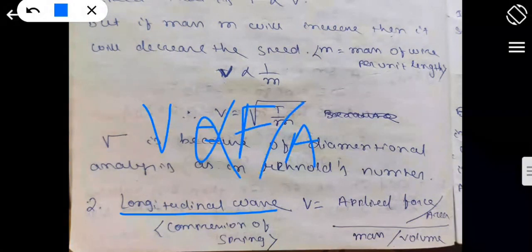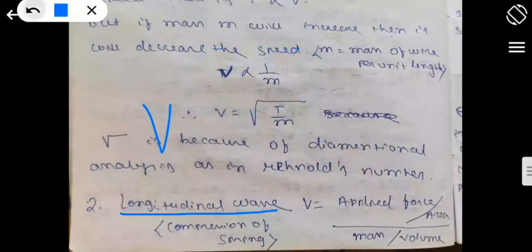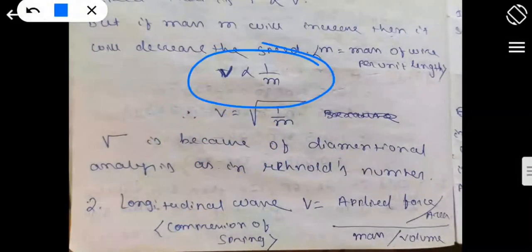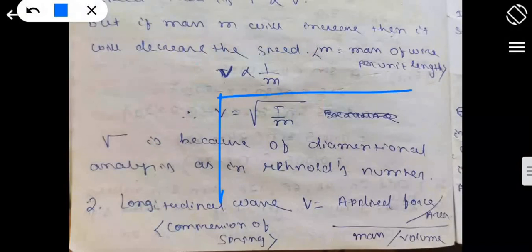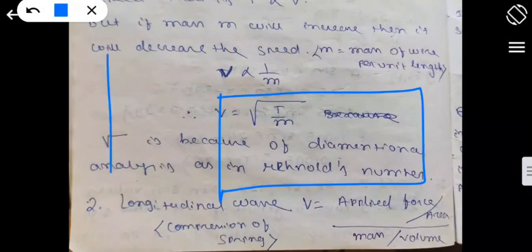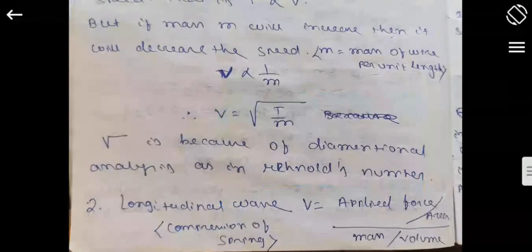But obviously, in the last explanation, what we observed is that the velocity is inversely proportional to the mass. But there, we were considering a wire, as you have seen, a wire was there and a mass mg was attached.